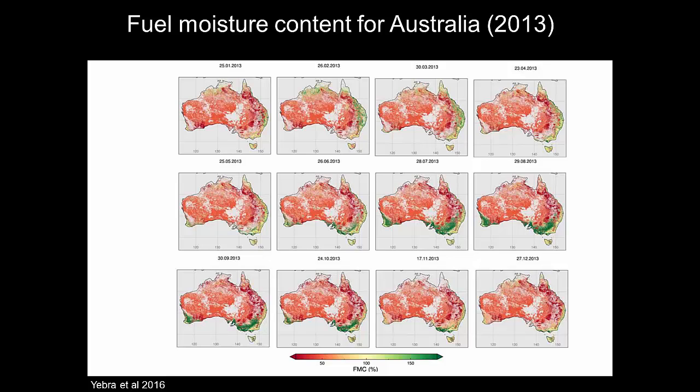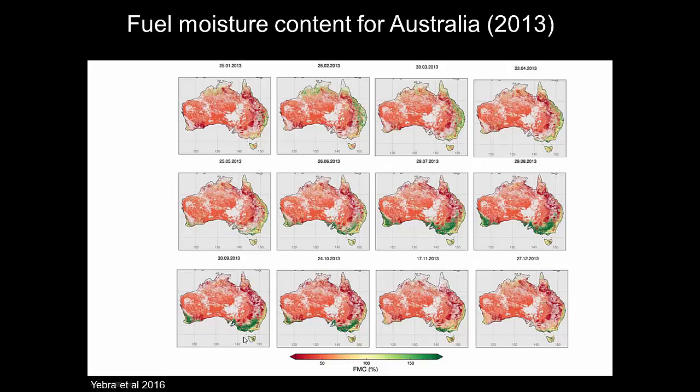The maps here present some examples of the use of radiative transfer models to derive fuel moisture content for Australia. As you can see, in January, there were low values of fuel moisture content in most of the temperate zones of Australia, and these areas gradually increased their fuel moisture content until reaching their maximums at the end of winter or beginning of spring, around August, for example, and September.